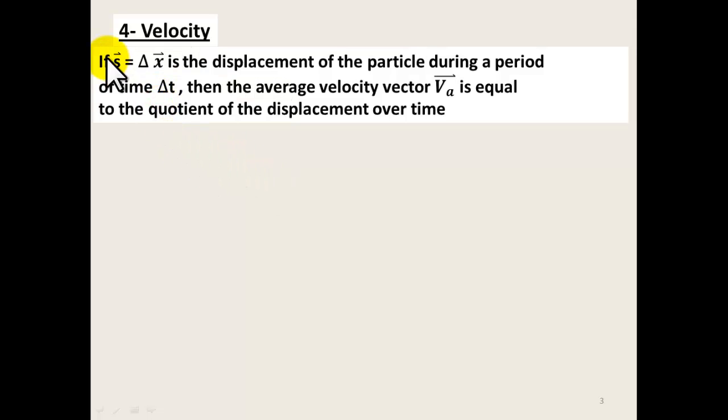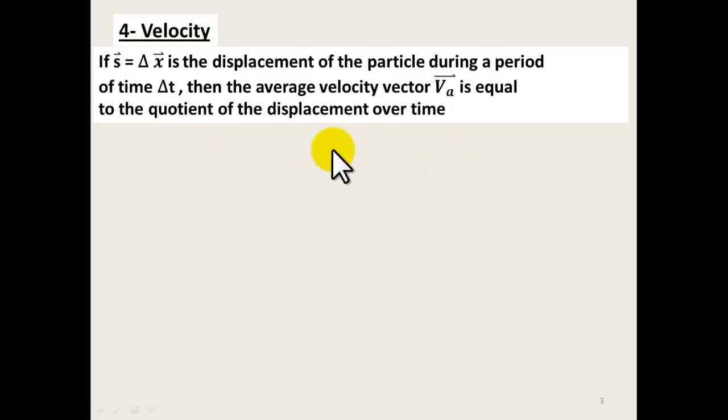For velocity, if S equals delta x is the displacement of the particle during a period of time delta t, then the average velocity vector V_A is equal to the quotient of the displacement over the time.